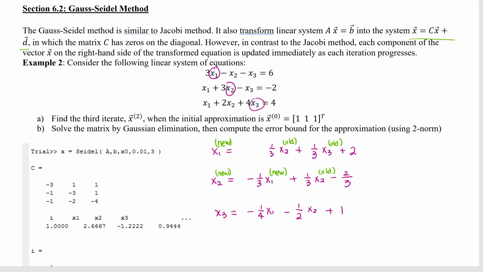So you see, we update immediately, within a step. For x3 new, we already know x1, so update it, and x2, we already know it, so update it. So far so good, everybody? This is how we calculate.